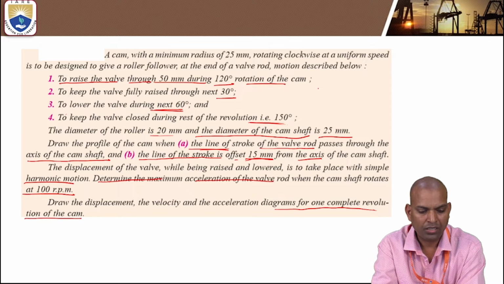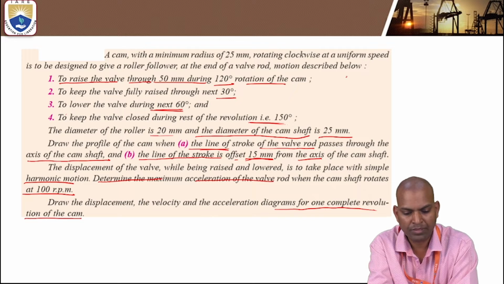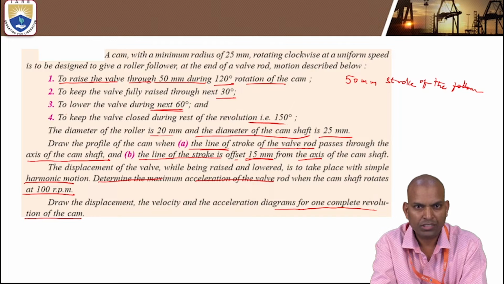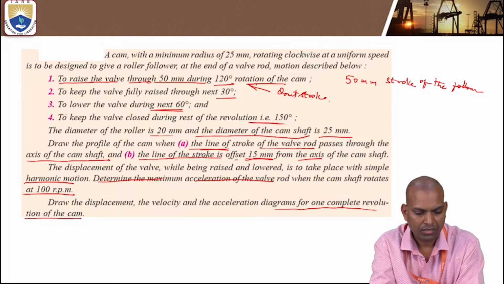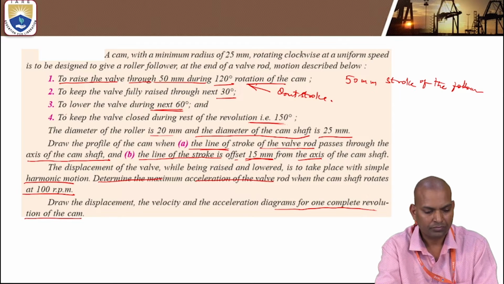This 50 millimeter to raise the valve is the stroke of the follower, and the 120 degree rotation of the cam is the outstroke angle, that is 120 degrees to raise the valve.